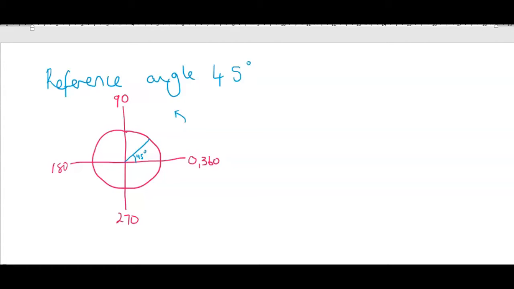So there's 45 degrees. Now we can actually form this into a triangle. So if I put a line down here and a line across here, and I'm going to take out that triangle. All right, so there it is. This is 45 degrees here.